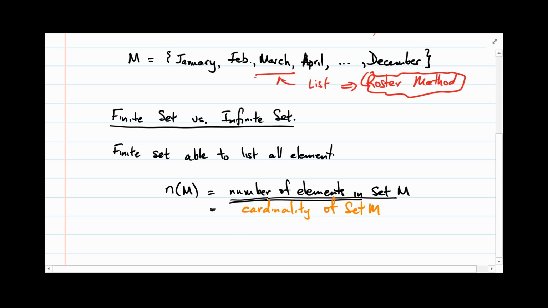So if we go back to set M, which was the months of the year, we all know that based on this list, we have 12 months or 12 elements.